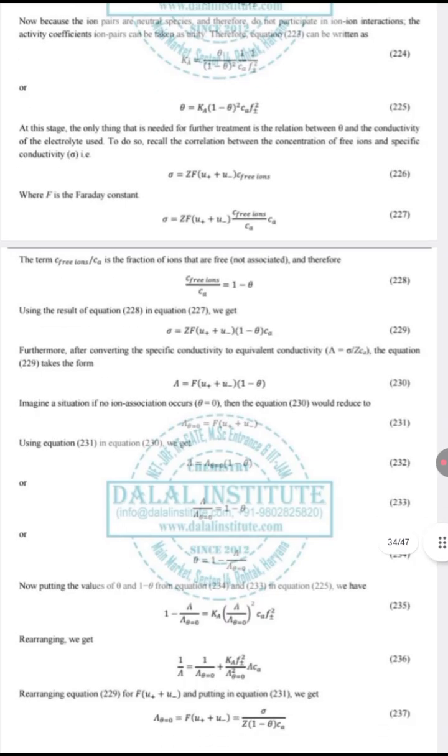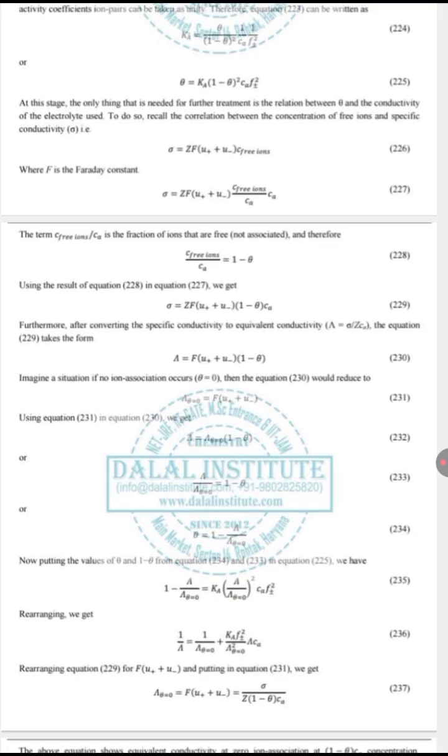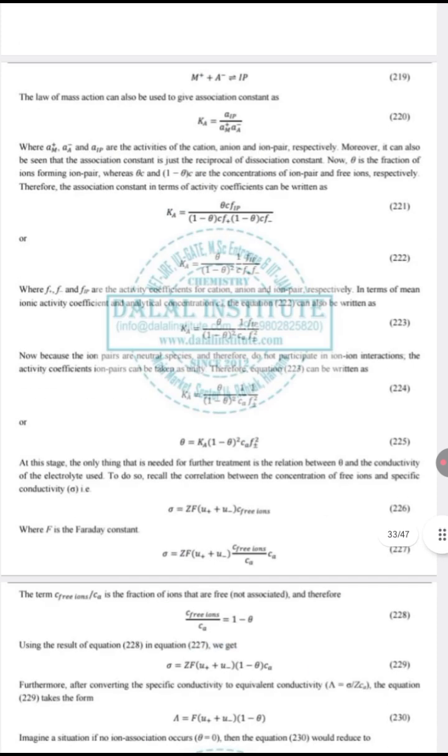Now, because the ion pairs are neutral species and therefore do not participate in ion-ion interactions, the activity coefficient of ion pairs can be taken as unity. Therefore, equation 223 can be written as Ka equals theta by 1 minus theta square into 1 by Ca into 1 by f plus minus square, equation 224.